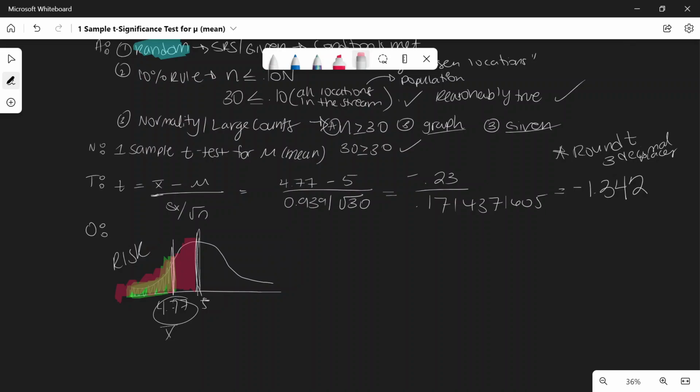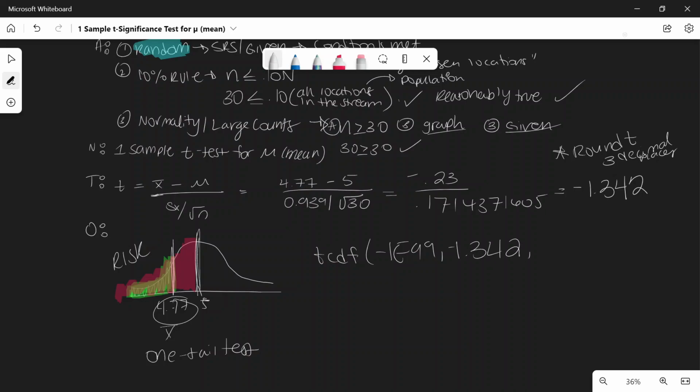So that's what we're trying to do. So really, we're doing a one-tailed test. So to obtain a p-value, you want to use TCDF in your calculator, excuse me. And then do 1E99, and do up to -1.342, because that's your t-test.